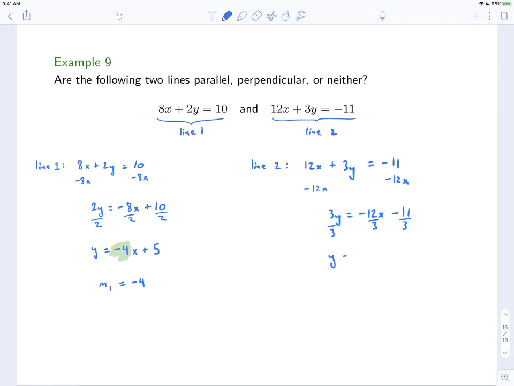So we have y is equal to -12 over 3 is -4x minus 11 over 3. And our slope is the coefficient of the x term. So m2 is equal to -4. So m1 is equal to m2. So these two lines are parallel.